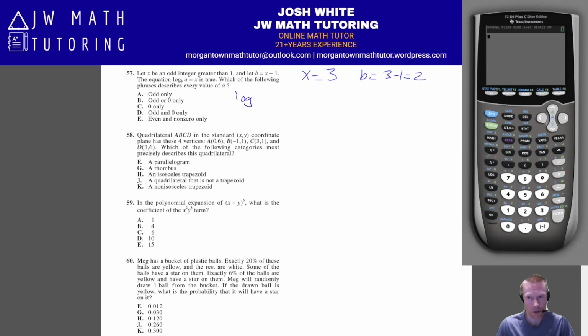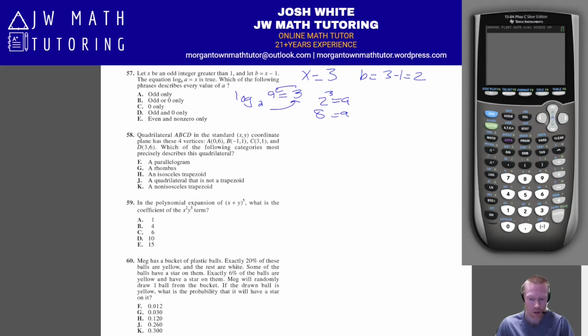So we have log base 2 of a is equal to 3. Now if we rearrange this and put it into exponential form, 2 to the third is going to equal a. In other words, a is going to equal 8, because that's what 2 to the third is.